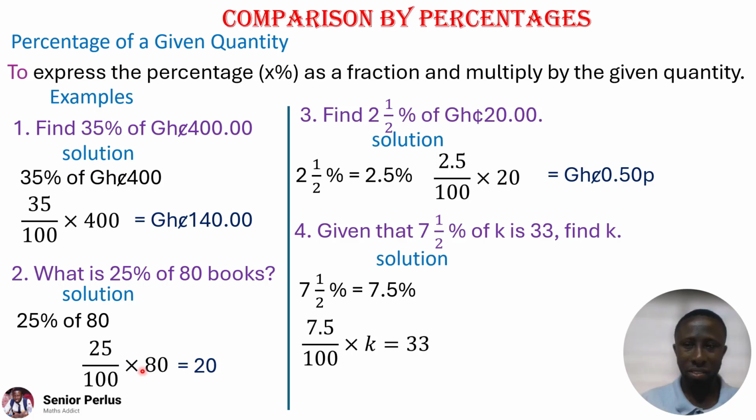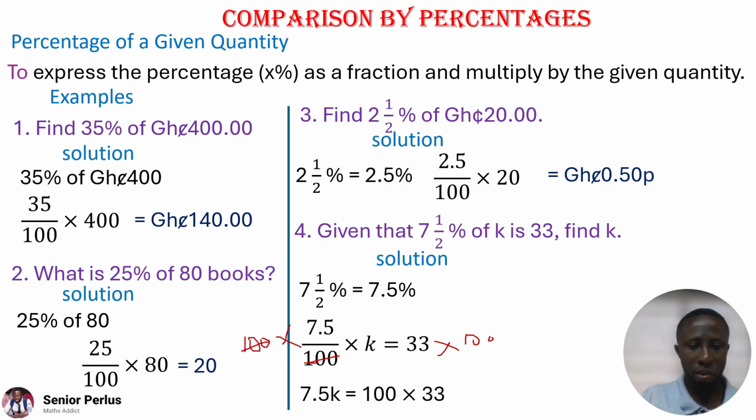To make k the subject, you multiply both sides by 100. Always get rid of the denominator, 100, so that this will cancel and this will cancel. Then you have this.